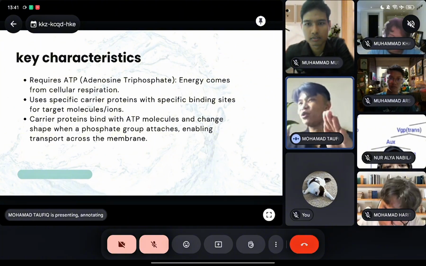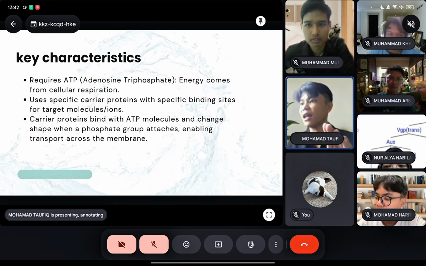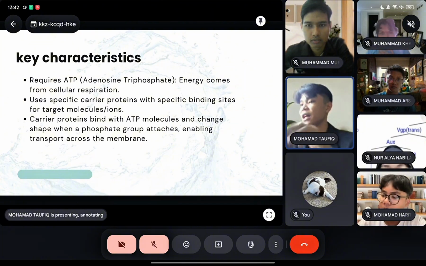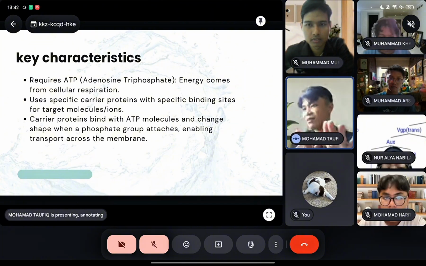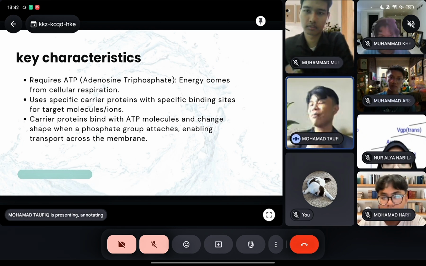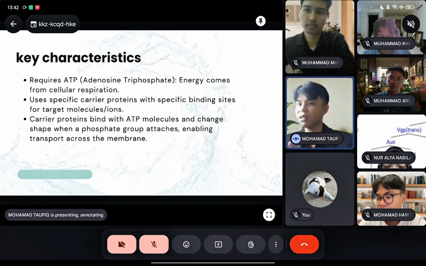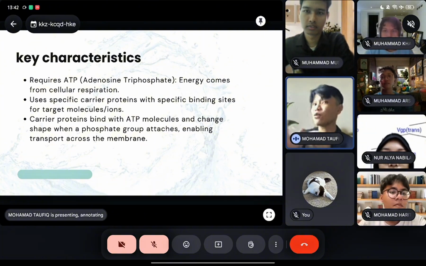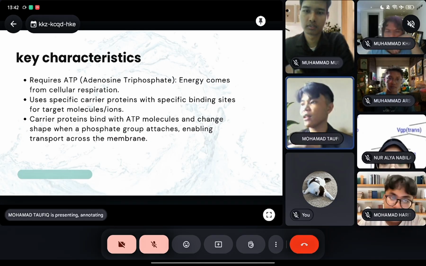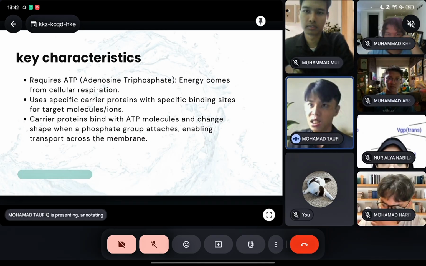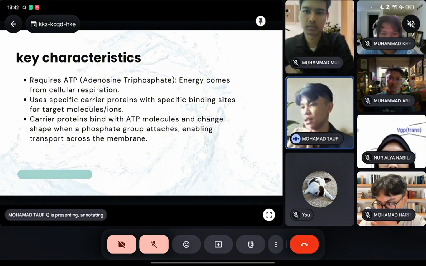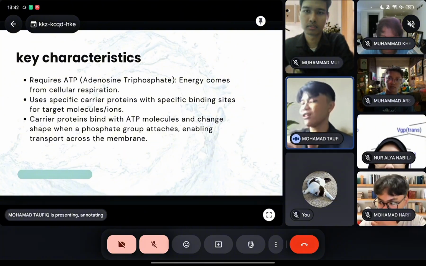You have to have the TNG card, which is the specific binding site, and you have to have the money inside the card, which you bind to the bus, or in other words, you pay for the Rapid service in order for it to go. That is basically what happens in active transport. You use specific carrier proteins and specific binding sites, bind with ATP molecules, and then it changes shape and transports across the membrane.